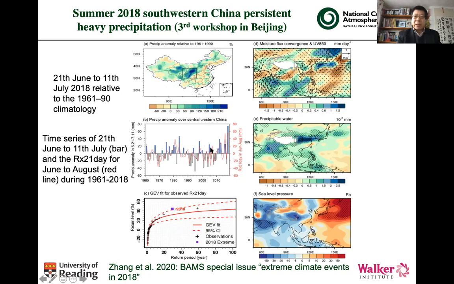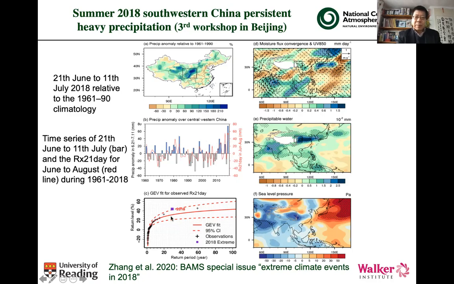You can see that for the fixed period precipitation it is about 70% of the climatology, and for the 21-day max precipitation, 2018 is about 60% of the climatology.